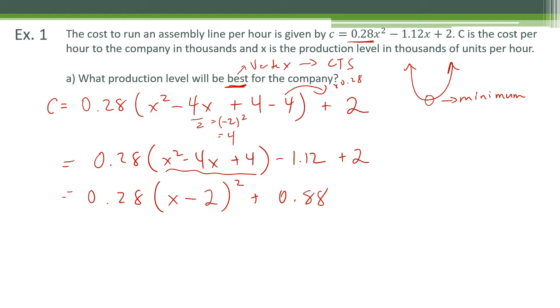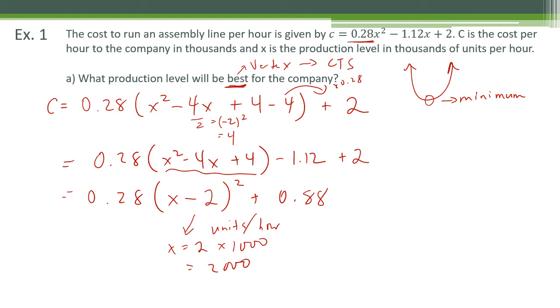So now that you're there, you have to be able to pull out the information. If we look back at the question, it says X is the production level in thousands of units per hour. So in this case, X equals 2 is the units per hour, but in thousands. So we've got to multiply that by 1,000, which gives us 2,000 units per hour.